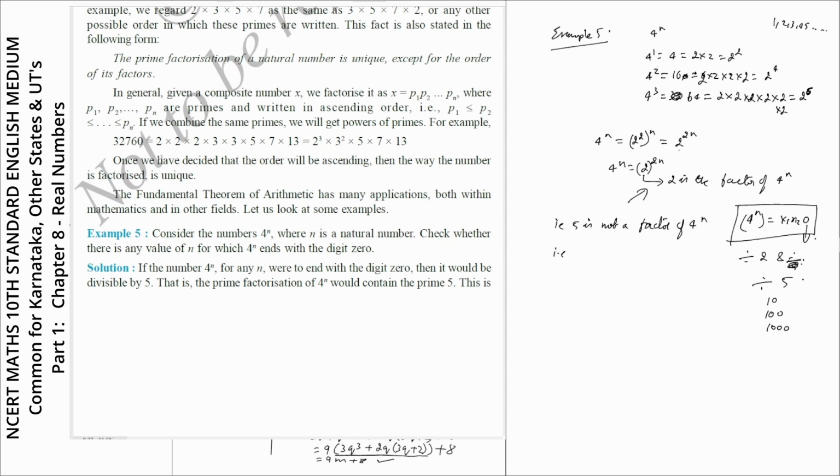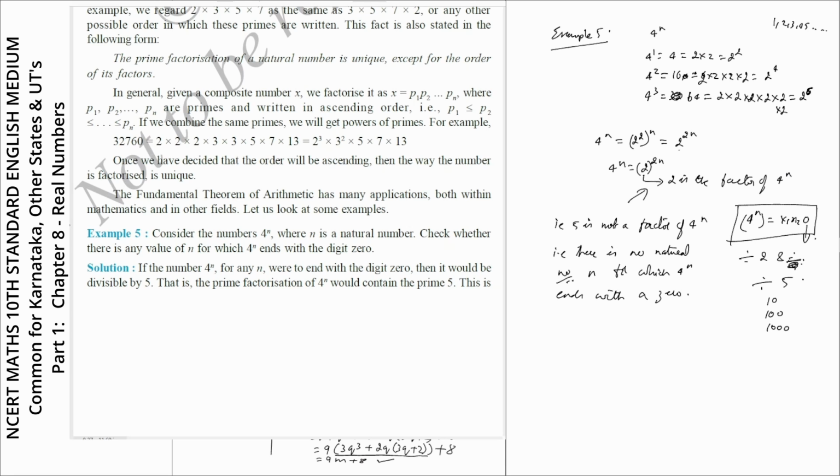That means there is no 0 in 4 to the power of n. So that means there is no natural number n for which 4 to the power of n ends with a 0.